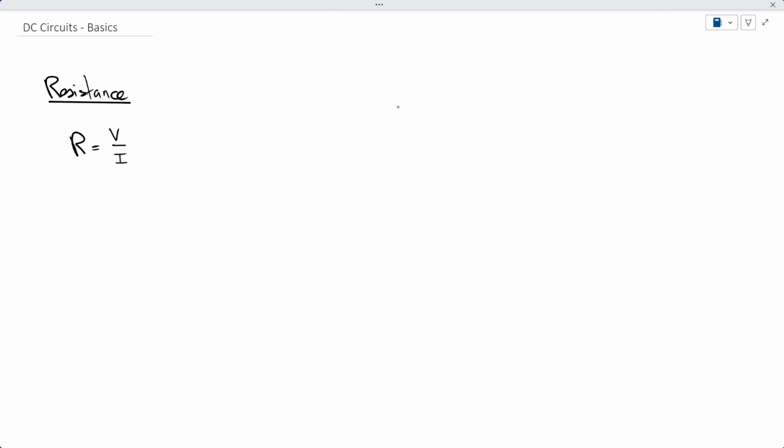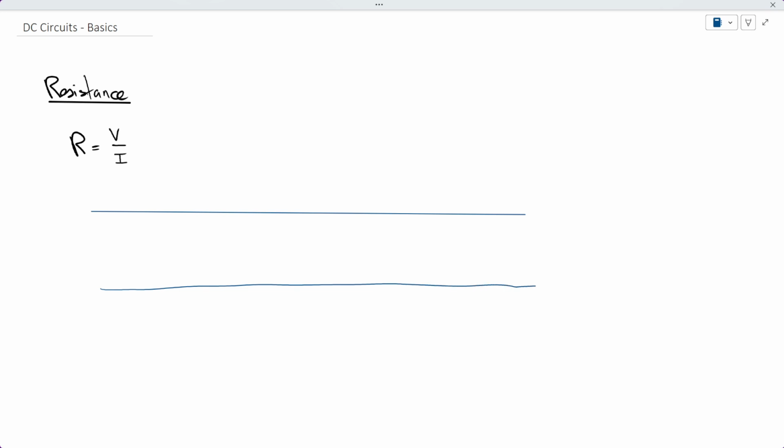So if we think about a conductor, this is a section of wire that I'm considering with some sort of current flowing through it. If I could see into this wire, I would find that within it there are metal ions.